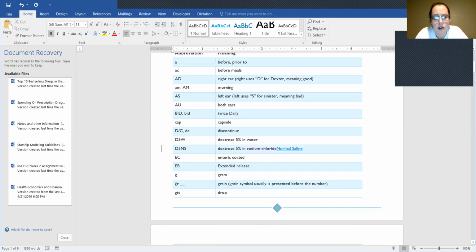Again, that's one that an awful lot of people don't know, but that's the proper way to use it. One of the reasons we don't like to use grains is it's too easy to confuse it with grams. Since a grain is either 60 or 65 milligrams, if you were talking about giving 1 grain and people thought it was a gram, you'd be way overdosing.